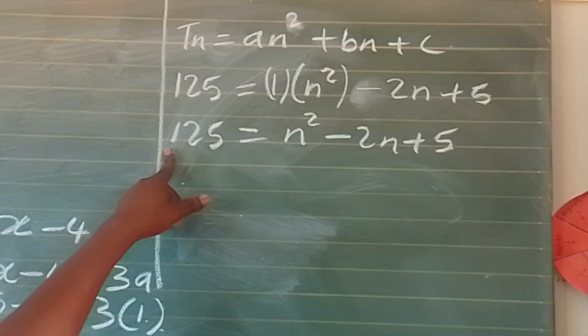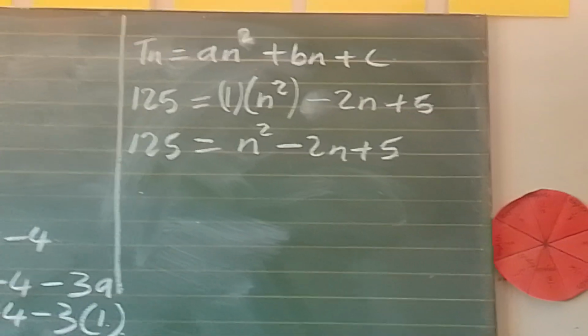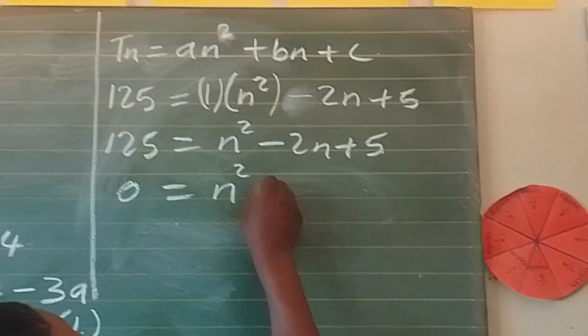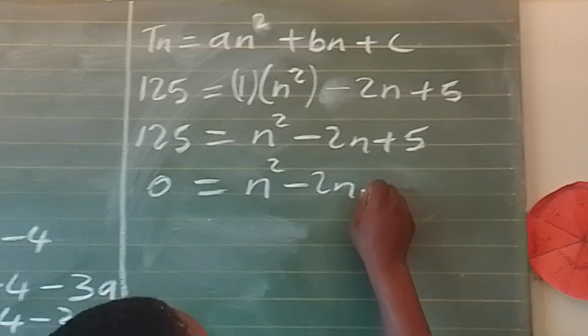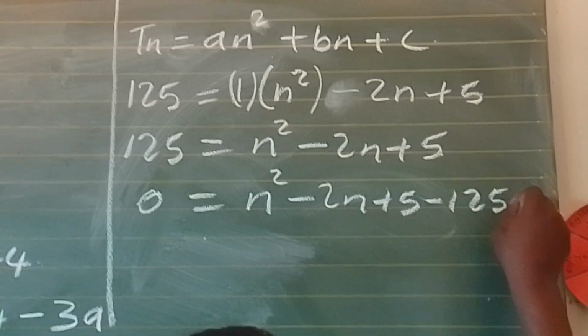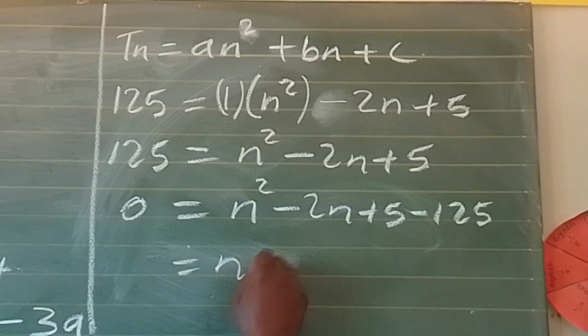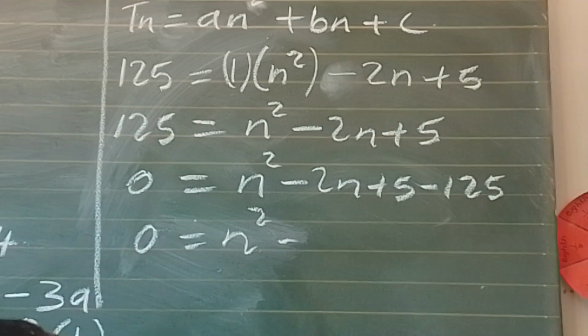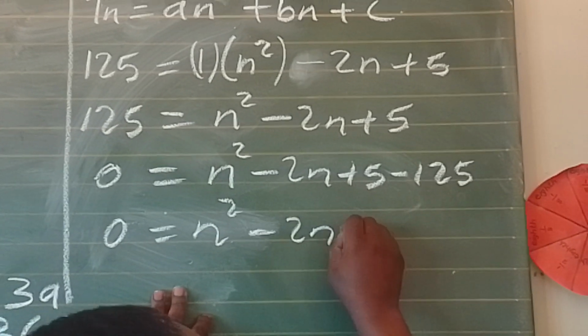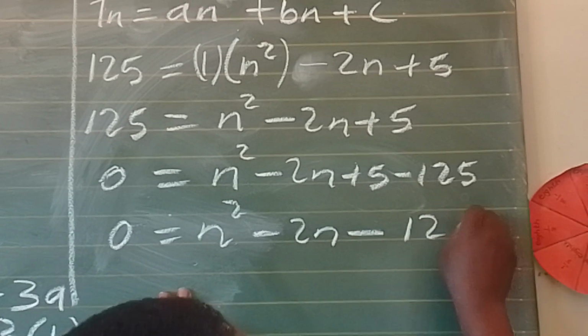This 125, we take it to that side of the equation, we are left with 0 here. It's n squared minus 2n plus 5 minus 125, which is n squared minus 2n minus 120.